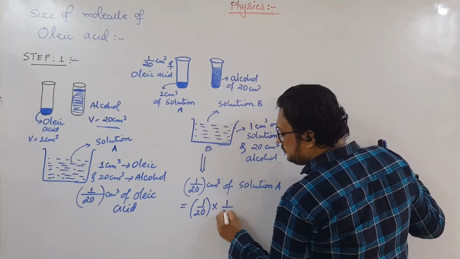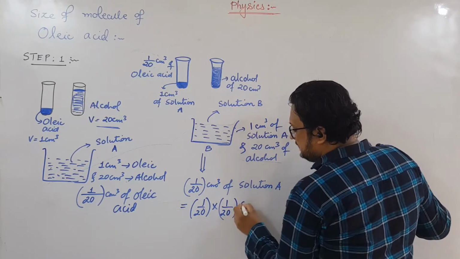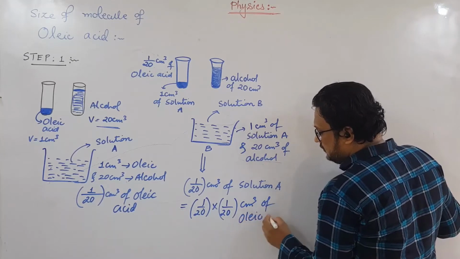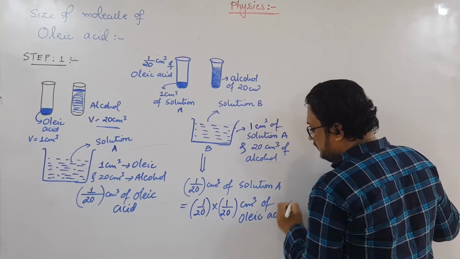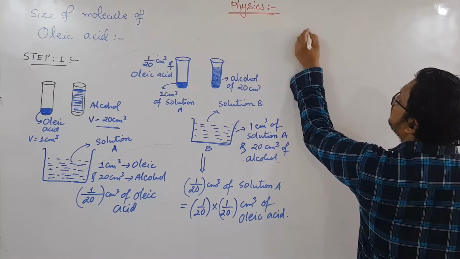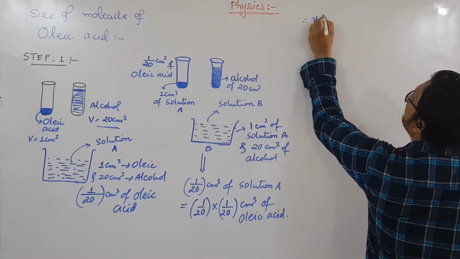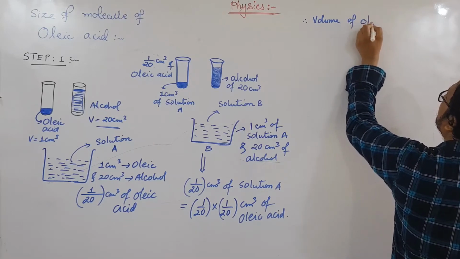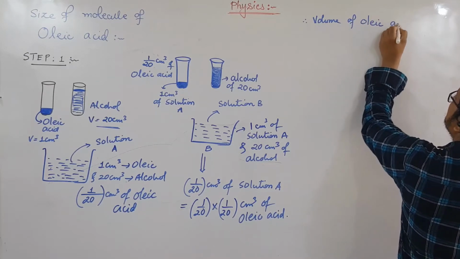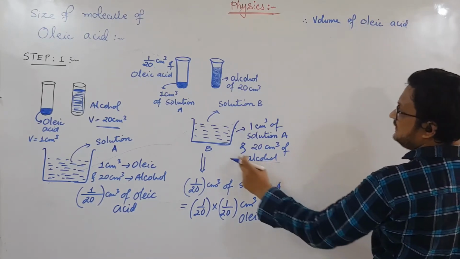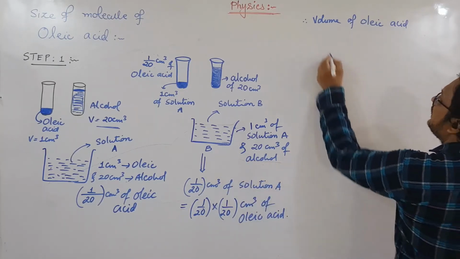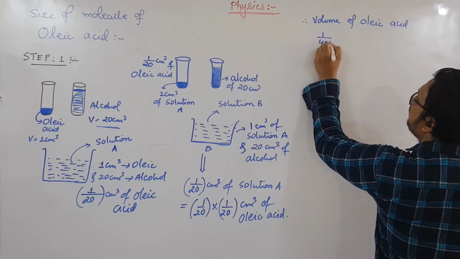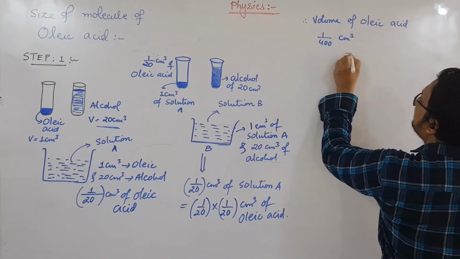So 1/20 into 1/20 centimeter cube of oleic acid. Therefore the volume of oleic acid in this solution B will be 1/20 into 1/20, which is 1/400 centimeter cube.